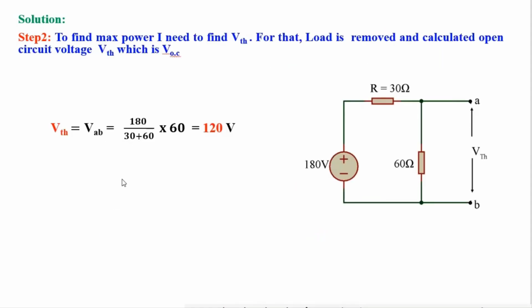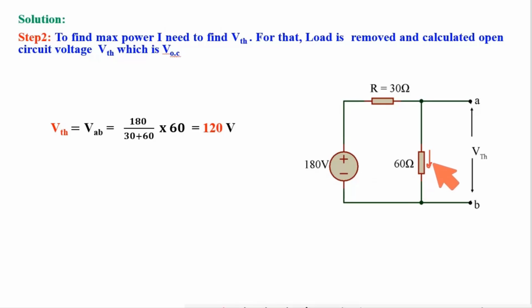Now to find the maximum power at load, I need to calculate VTH. See here, this is the same circuit. I have already calculated that the value of this R will be 30 ohm. To calculate VTH, the load has been removed and the voltage across these 2 points is VTH. So what will be this voltage? This voltage is equal to the current through this 60 ohm resistance multiplied by 60 ohm.